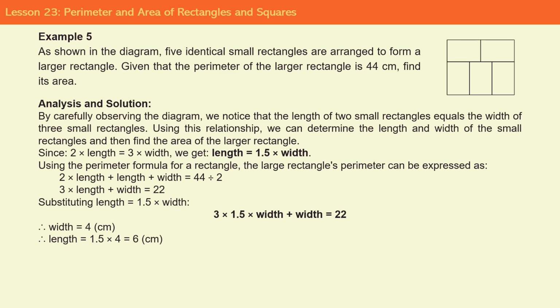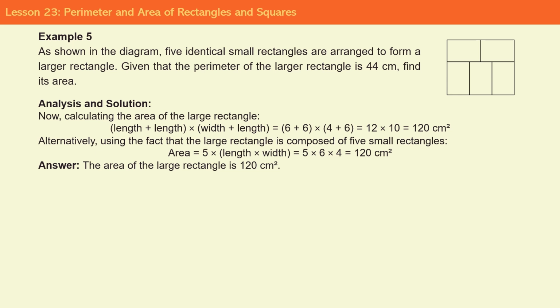Therefore, width equals 4 centimeters, and length equals 6 centimeters. Now, we can calculate the area of the large rectangle. Alternatively, using the fact that the large rectangle is composed of 5 small rectangles, we can also find the area. The answer is the area of the large rectangle is 120 square centimeters.